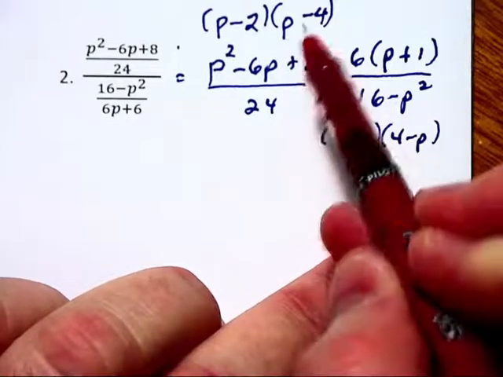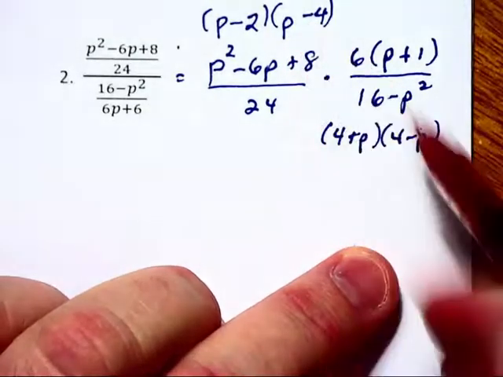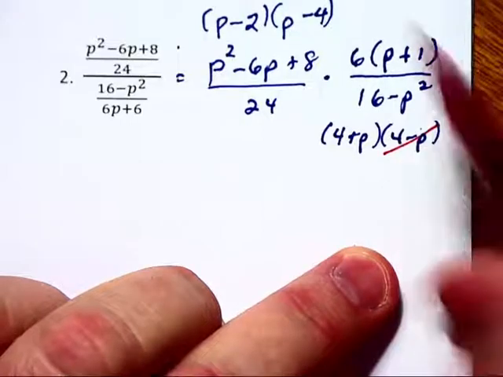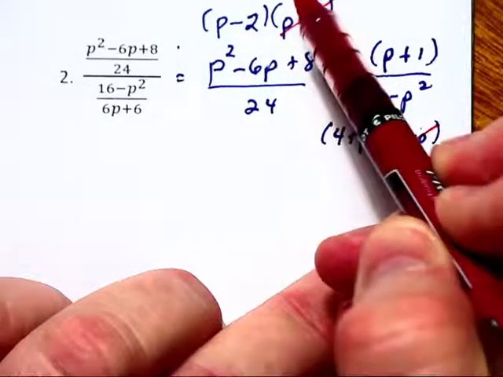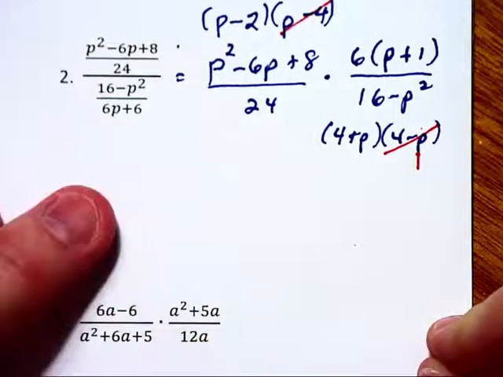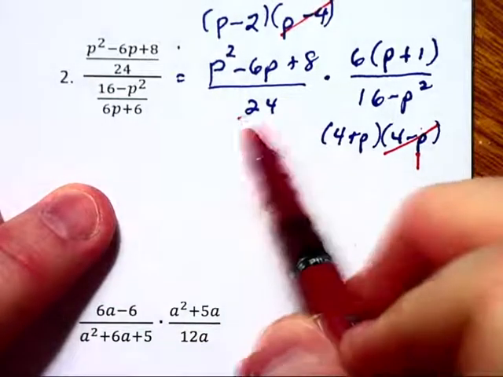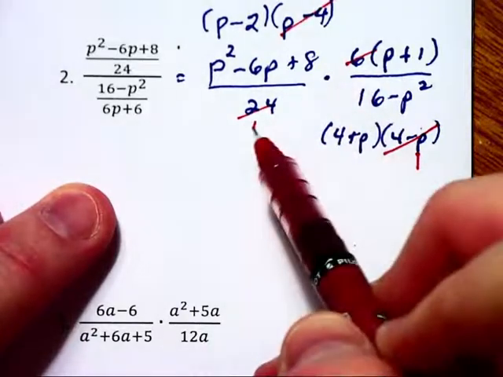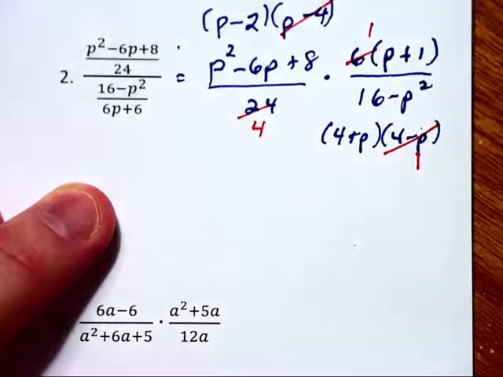And I notice that we have a p minus 4 and a 4 minus p. Using the -1 technique, we can cancel them so that one of them is a -1 and the other is a +1. And we can also cancel the 24 with the 6 on that diagonal, giving us 1/4.